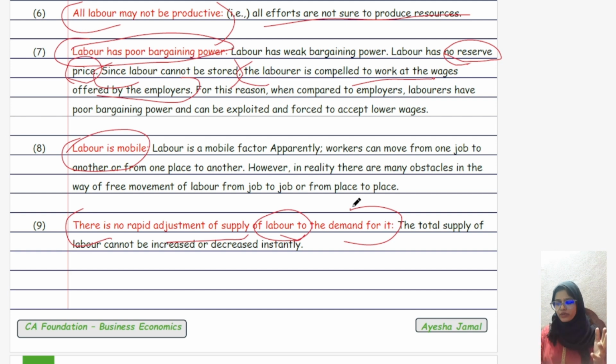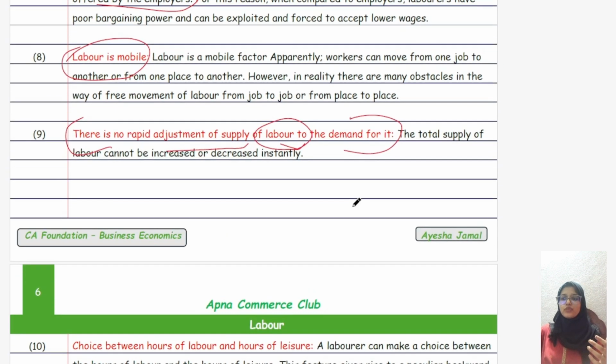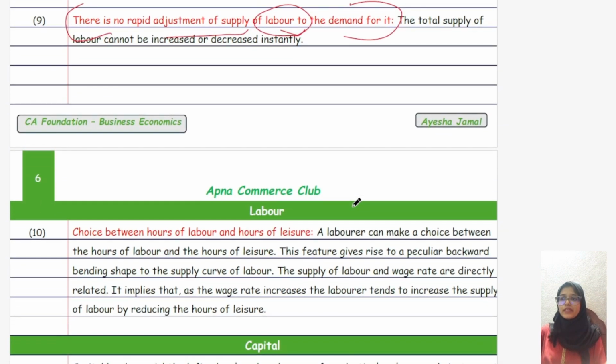And if new people are joining your organization, you have to select them based on their skills and experience, whether they are new joinees, and then give them training, everything. So you cannot directly increase or decrease labor whenever you want.